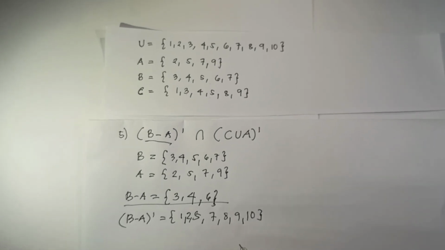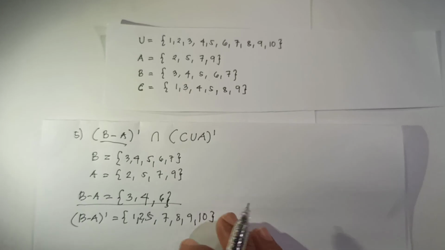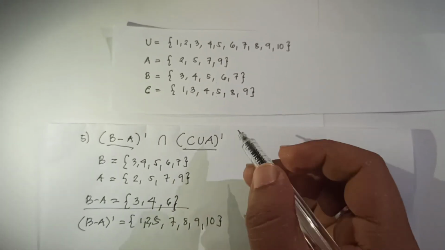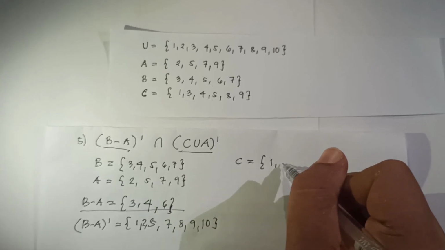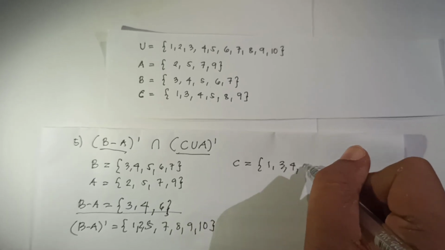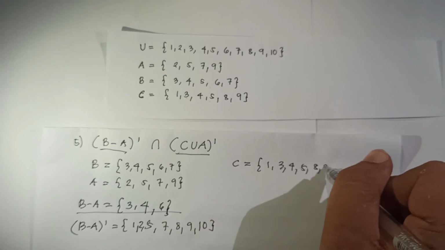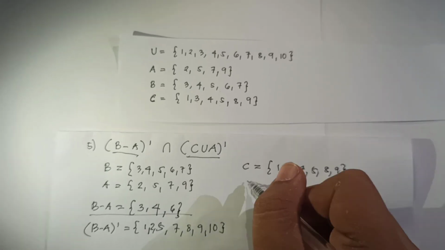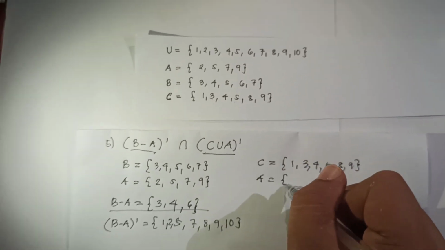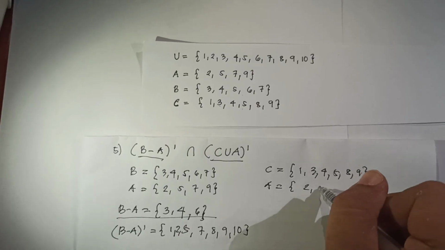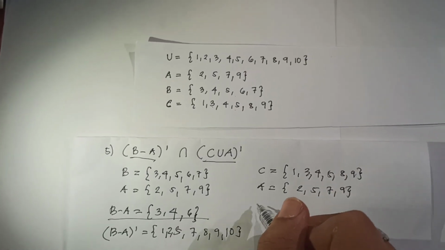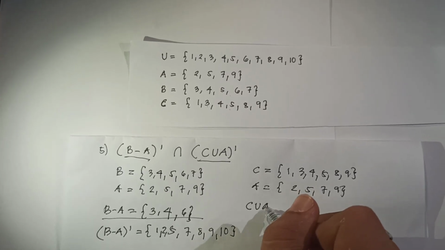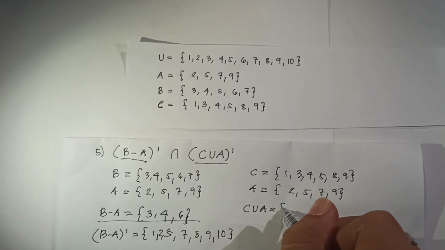Next we're going to focus first here. C. Our C is equal to 1, 3, 4, 5, 8, and 9. Our A is equal to 2, 5, 7, and 9. So first, we're going to solve for C union of A. So what is the C union of A?